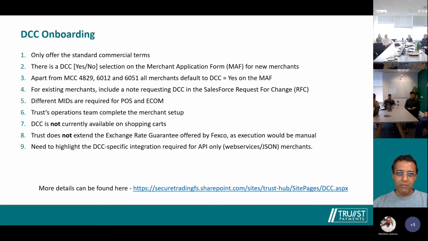But for some segments, the money service businesses, the crypto merchants, doing conversions is their business, so typically they do not want it. So for all new merchants going through the merchant application form, it should default to yes, so DCC will be switched on for them. But for those MCCs I've listed there, it will not default to yes unless they specifically want it.